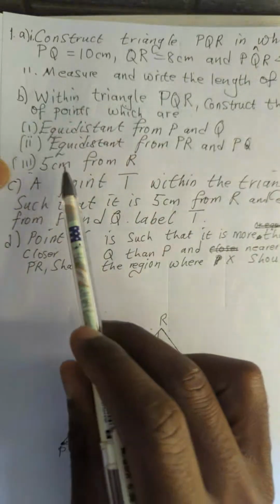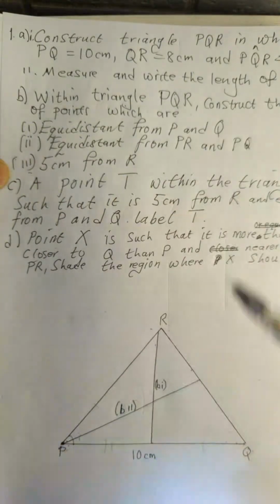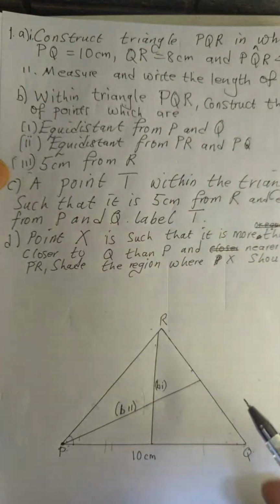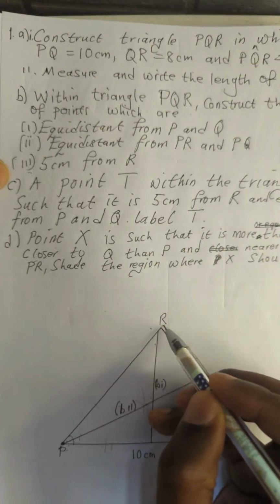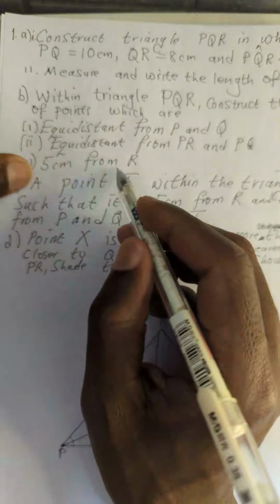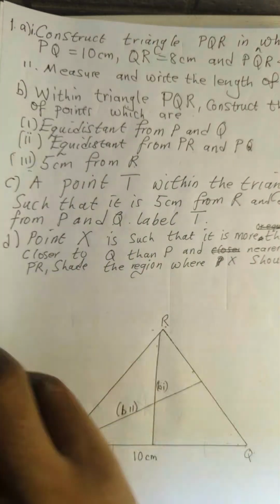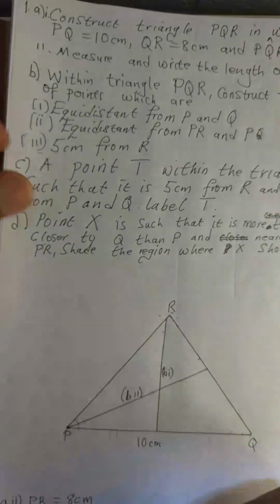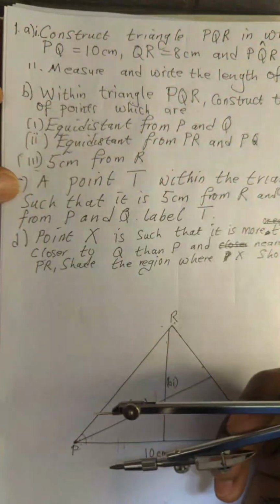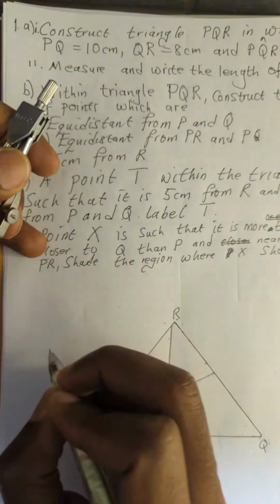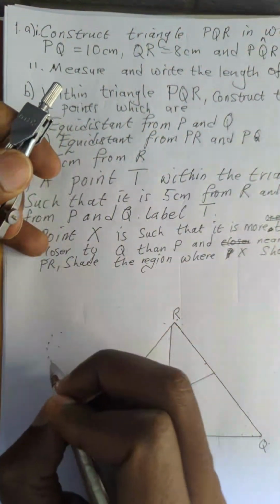Okay, so B3, 5 centimeters from R. R is a point, so 5 centimeters from R, we're talking about, in short, a circle. You have a point here, then points around it.